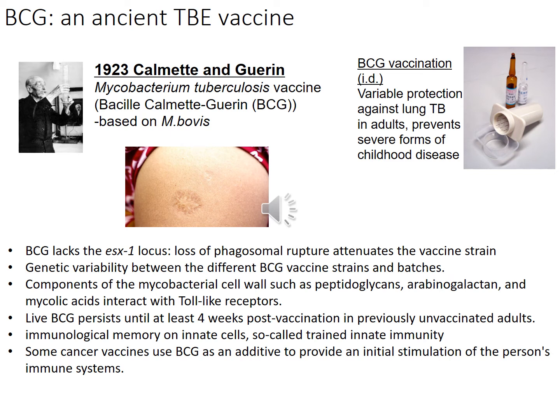One of the early important vaccines was the vaccine against tuberculosis. The original vaccine was an attenuated Mycobacterium bovis bacillus, and this was isolated by two guys called Calmette and Guerin.